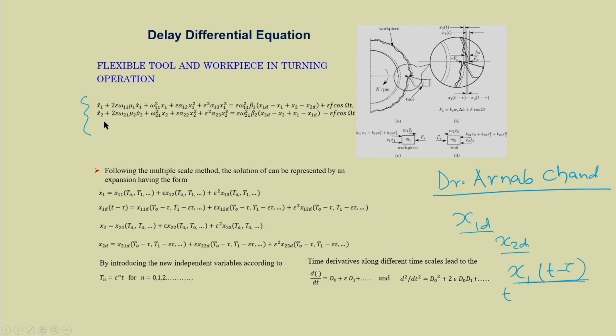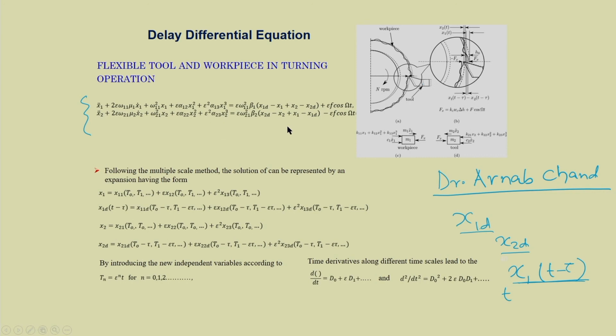Similarly, for the workpiece we can write x2 double dot plus 2 epsilon omega 21 mu 2 x2 dot. The left side part of the equations is similar to what you have seen in the case of the Duffing equation, but on the right hand side we have some forcing term plus the delay terms. We are calling this a delay differential equation as delay terms are used in this equation.